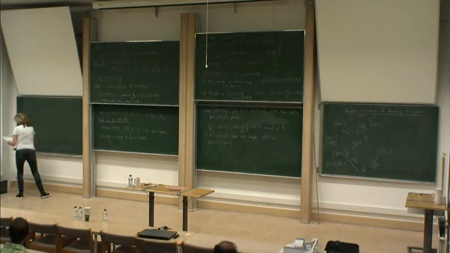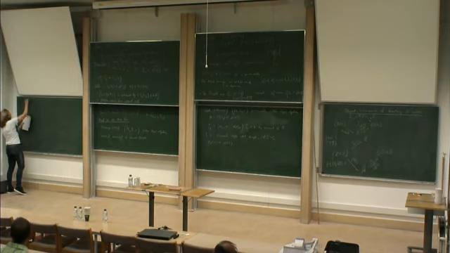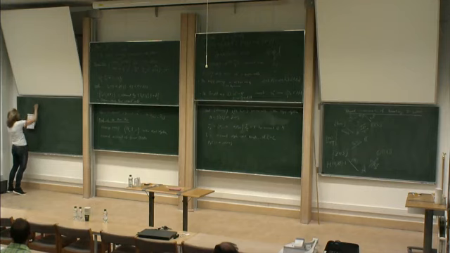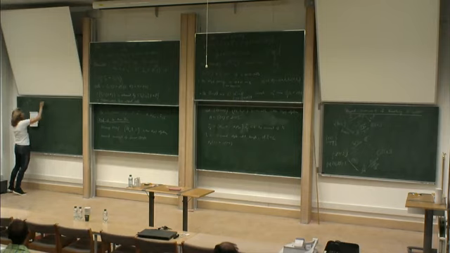So basically, they defined the following ZQ hat submodule of h to the power m, which consists of all elements looking like this.